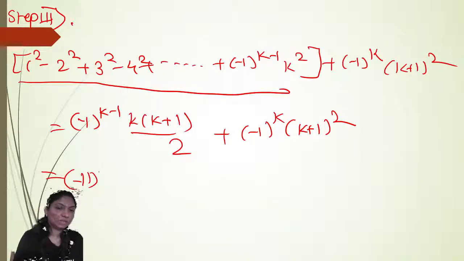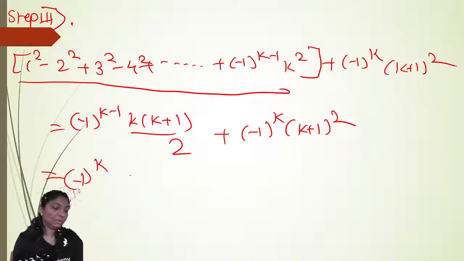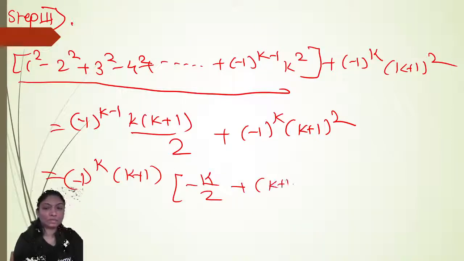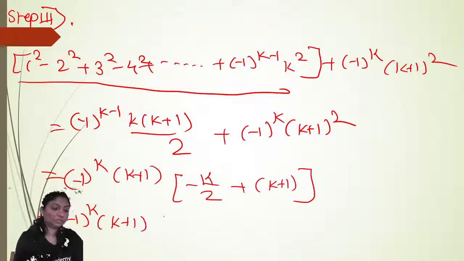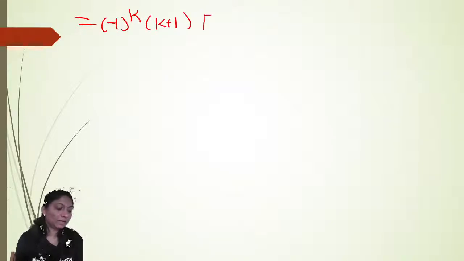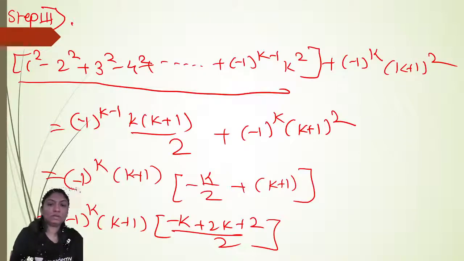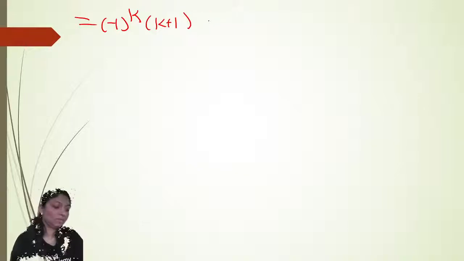Taking common minus 1 raised to k minus 1 into k plus 1, we get minus k plus 2k plus 2 by 2, equal to minus 1 raised to k plus 1 bracket into k plus 2 by 2, right?